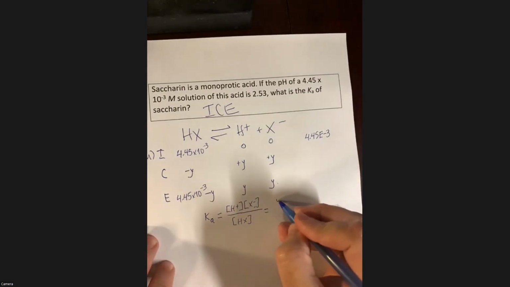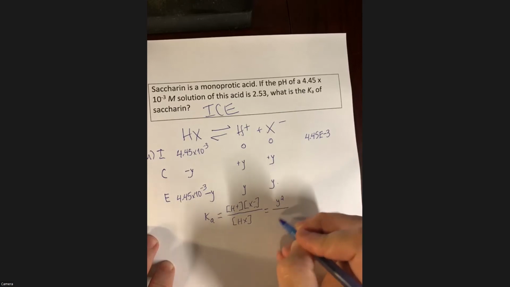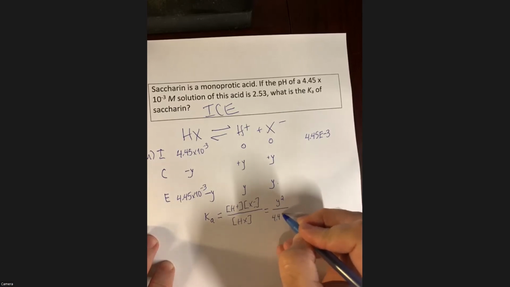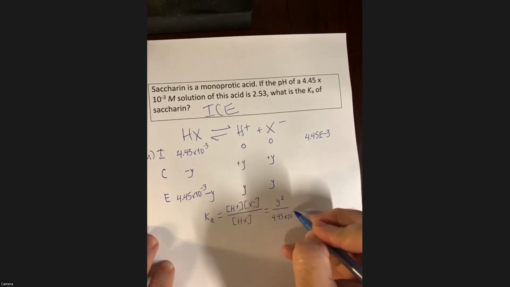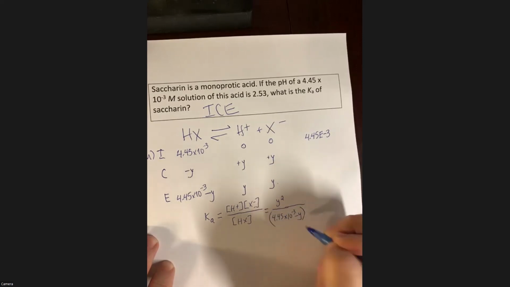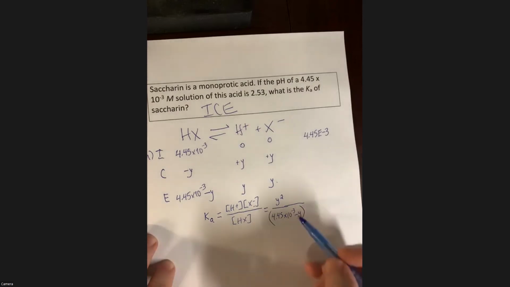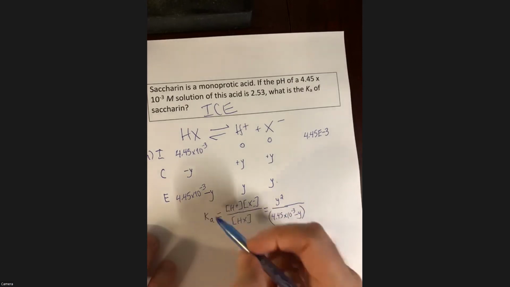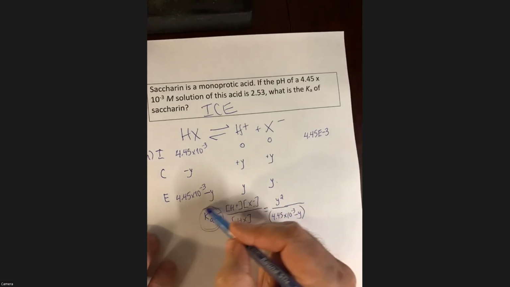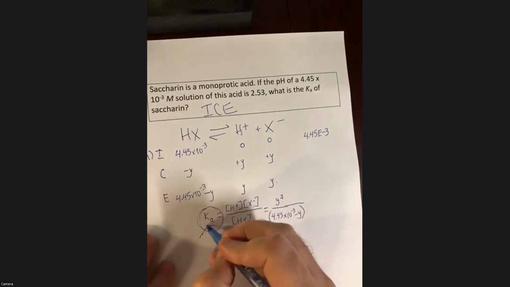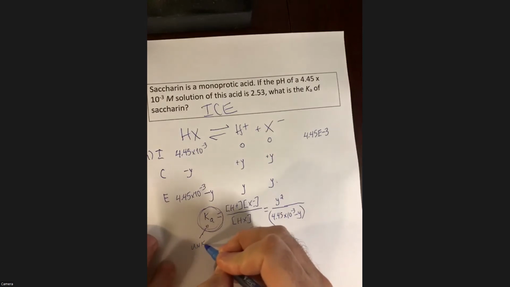And so this is going to be Y squared over 4.45 times 10 to the minus 3 minus Y. Now you're going to say, should I use an approximation? Hold on. The question right here is not finding Y. The question is finding Ka. So this is where you have to identify who your unknown is. This is your unknown.